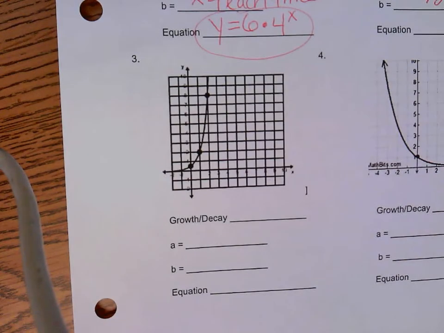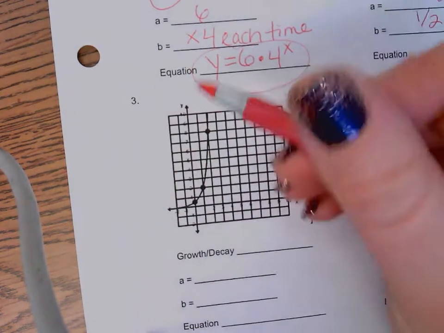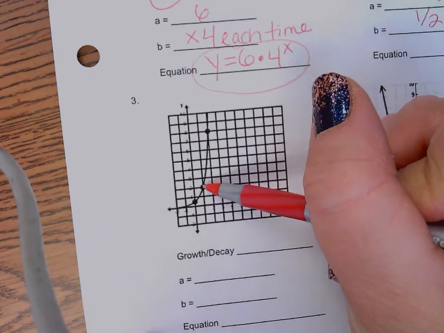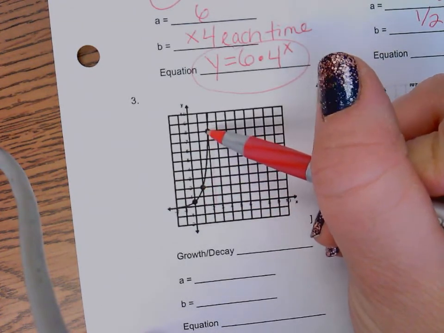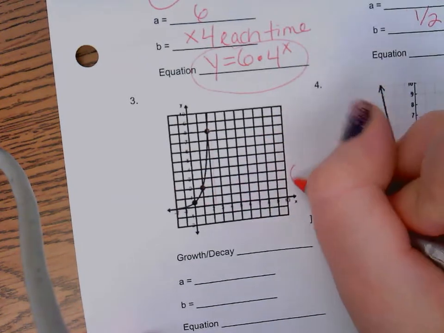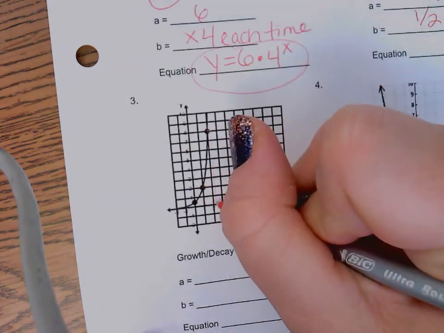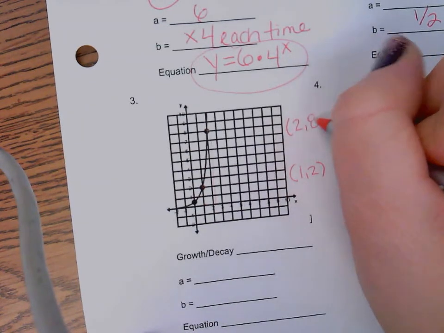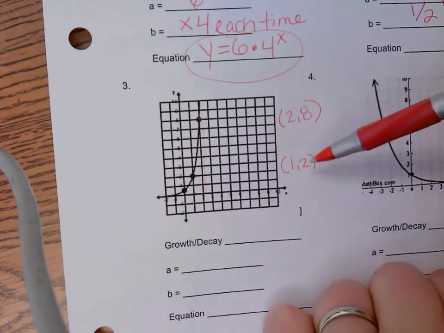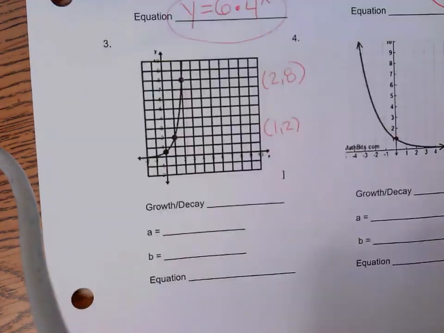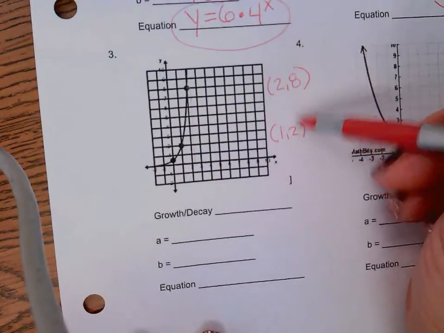What about if it's a graph? If it's a graph, you can still figure out the y-intercept and you can still figure out the key points. Oh, this one's kind of hard to read. Let's see, this is at 1, 2 and 2, 8, right? If this is 1, 2 and this is 2, 8, I think I can work backwards to identify the y-intercept. What am I multiplying by to go from 2 to 8? 4, right?